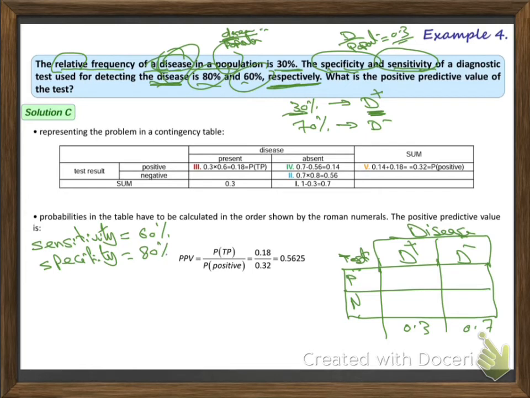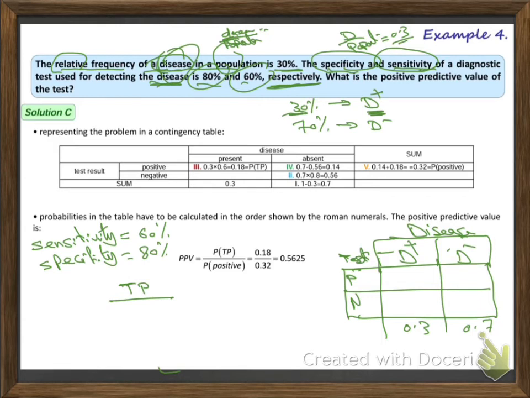What does sensitivity mean? We said that sensitivity means something sensitive, critical, positive. For sensitivity, it is not the true positive divided by the total positive. It is the true positive divided by the other parameter, which is whether the disease is present or not present.